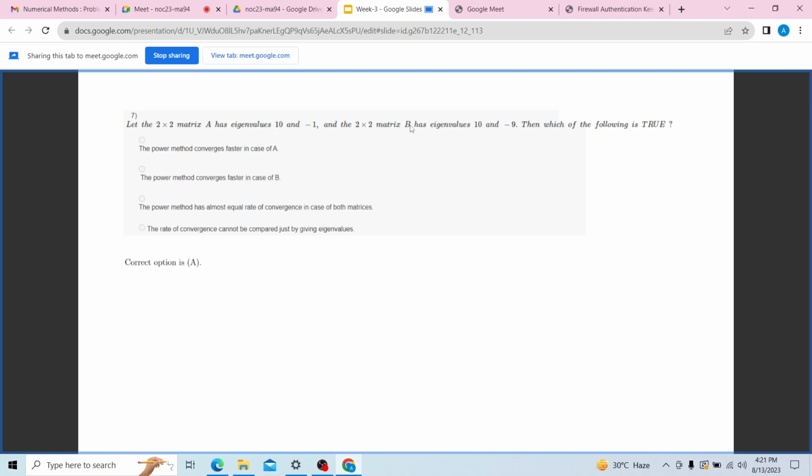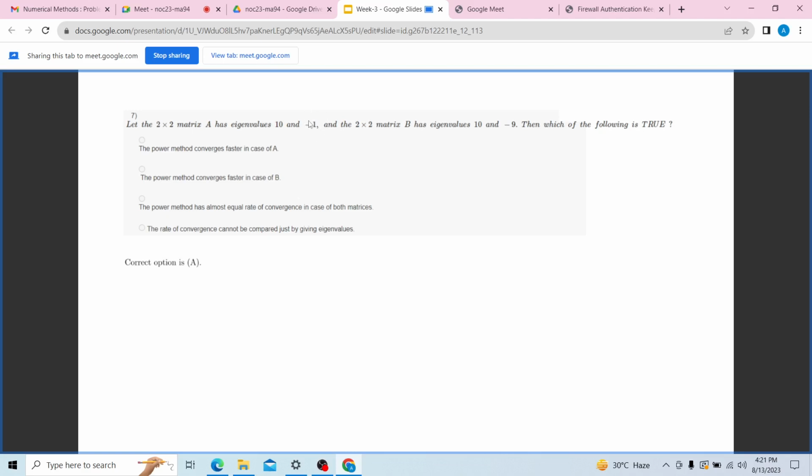And matrix B will be 10, 0, 0 and minus 9. Now you have to just calculate the ratio of the absolute values of these eigenvalues. Here the dominant one is 10 and the lesser one is minus 1, right? So just consider it.